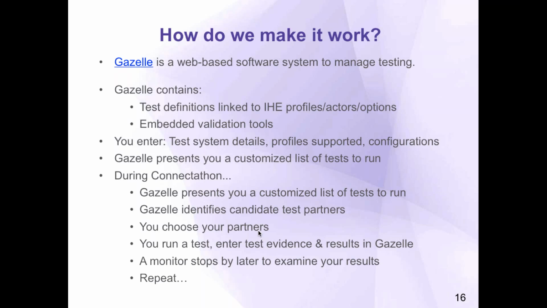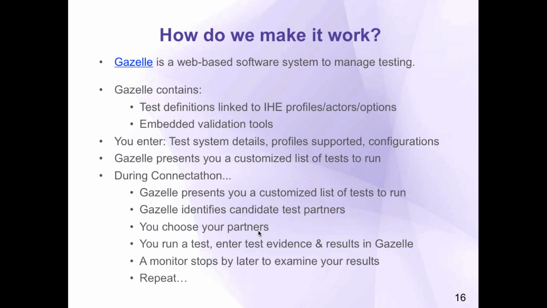So when you register for the Connectathon, which is your task in the next week and a half, you will essentially describe your product in Gazelle and tell us through the registration process which profiles, actors, and options you support. And then Gazelle will match your capabilities with tests and partner you up with people who have essentially compatible capabilities.